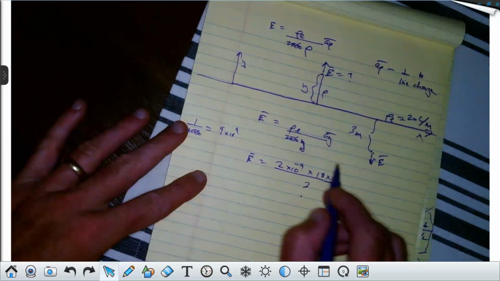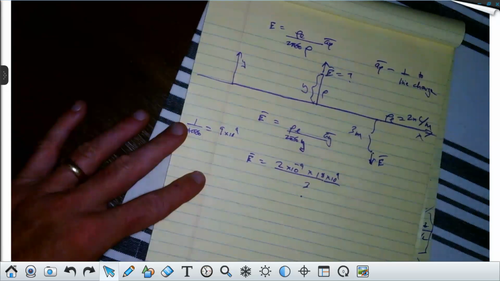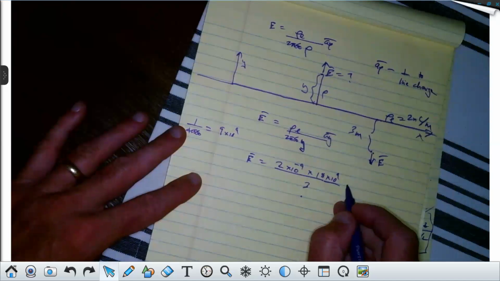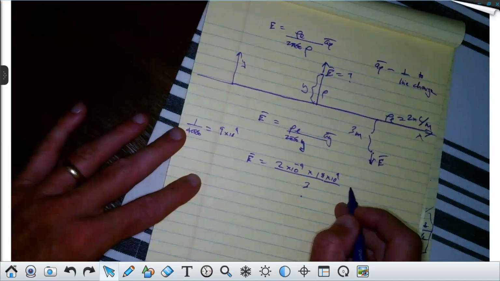It's 3, isn't it, guys? It's just 3. That's how far down we were. That's what y means, the perpendicular distance away. And then what direction is it in? Fowler, what direction is it in?